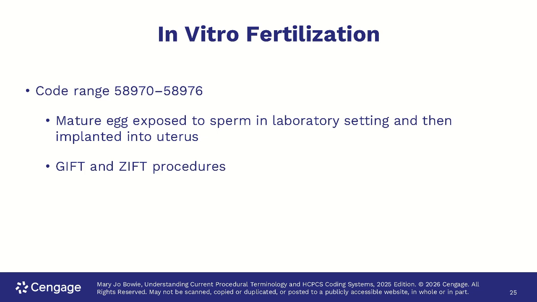The ova are then implanted into the uterus. The procedure codes that we have available report the retrieval of the egg, the placement of the fertilized egg into the uterus, the gamete intra fallopian transfer, also known as the GIFT procedure, and then finally the zygote intra fallopian transfer, which is the ZIFT procedure.